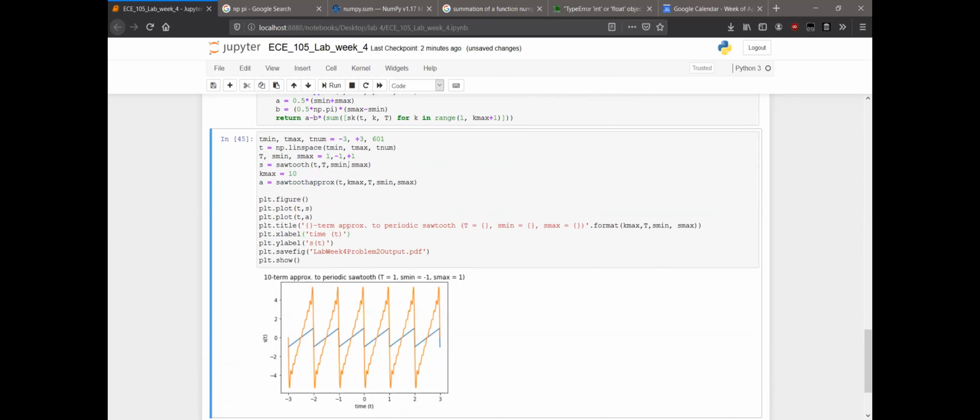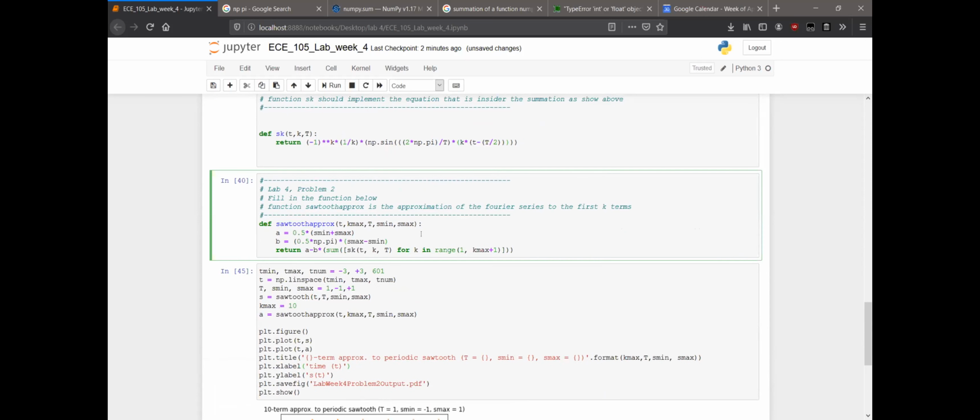Can you show me your sawtooth waveform? 0.5 times S min minus 1 is 0.5. A times B minus 7. I think it's multiplied by pi. Isn't it supposed to be divide?